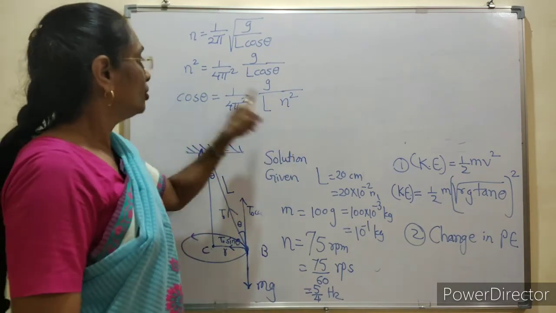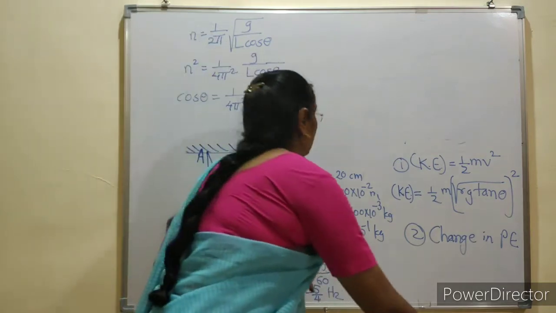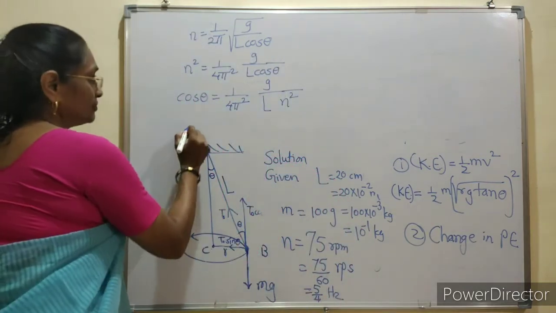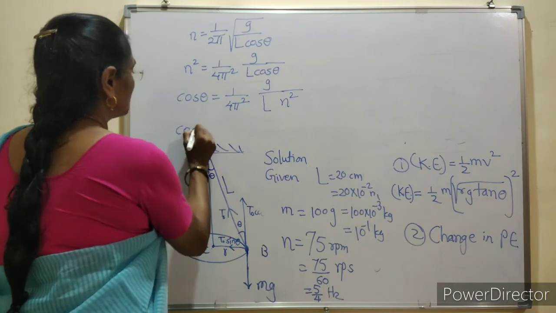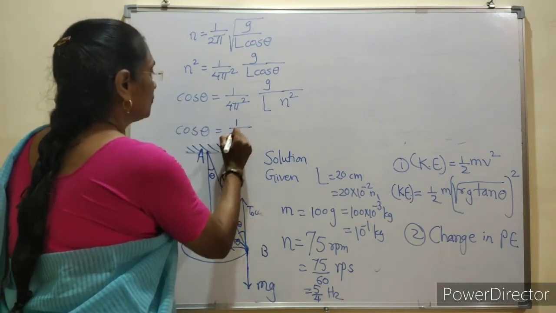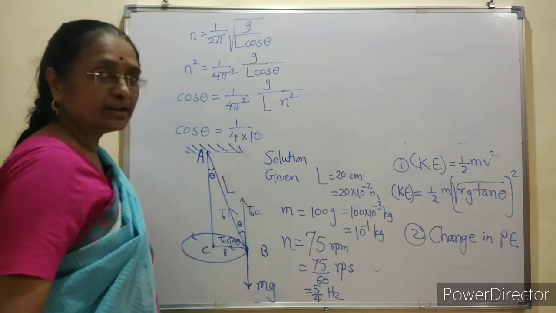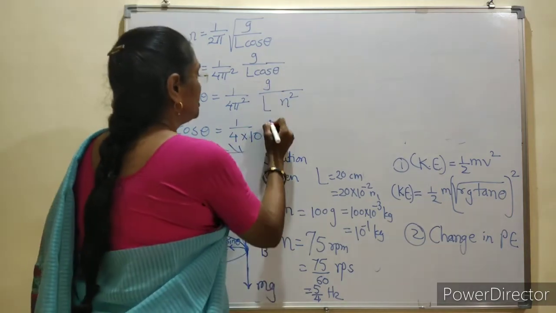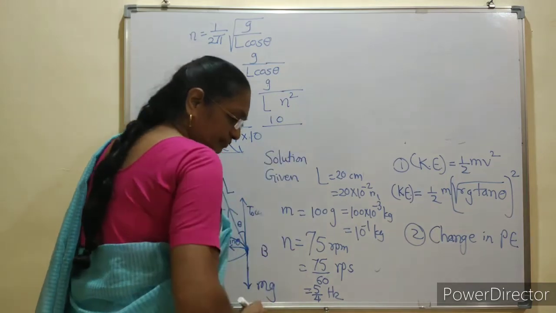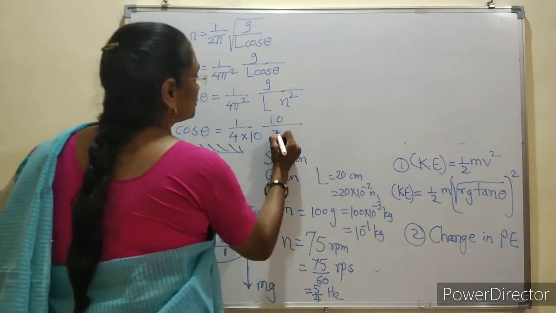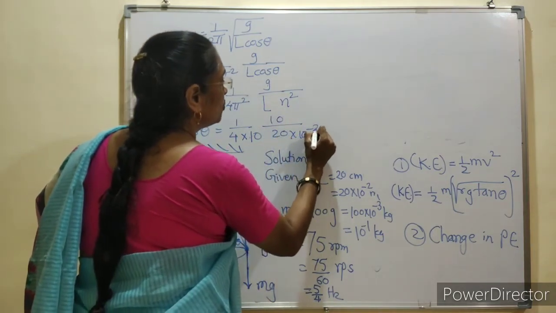and n square can be taken on the right side, and substitution gives us cos theta is equal to 1 upon 4 pi square, where we substitute pi square as 10, as given in the problem. G can be taken as 10, and L is 20 into 10 raised to minus 2.